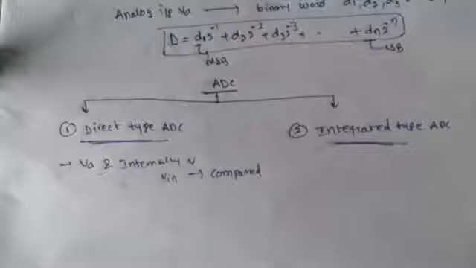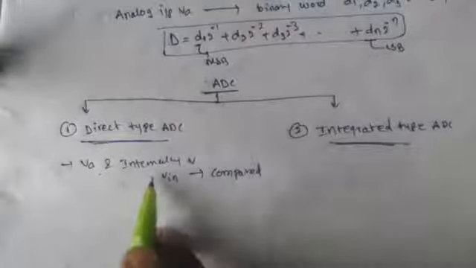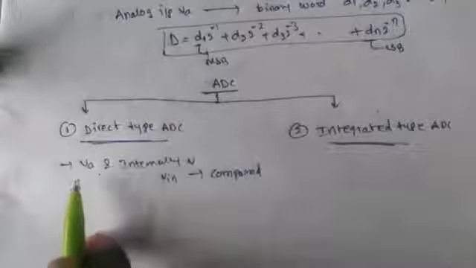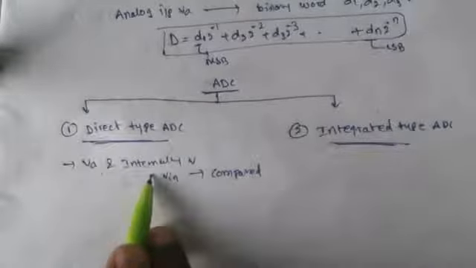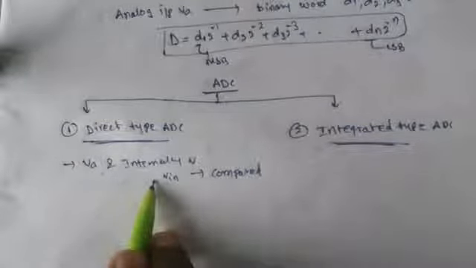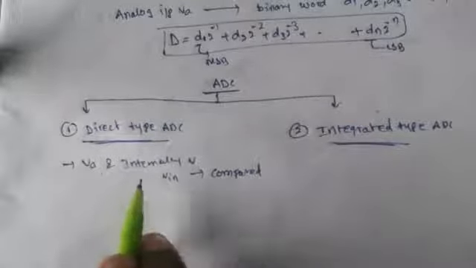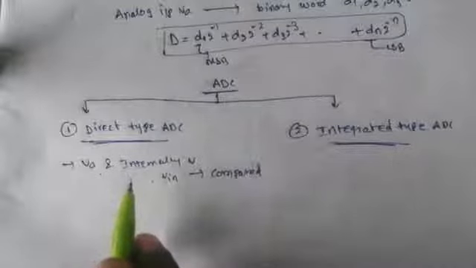Based on this comparison method, the counter will be incremented step by step and the digital form will be generated. So the input voltage will be compared with the reference voltage, and based on this comparison, the digital data will be converted to its corresponding analog input voltage.